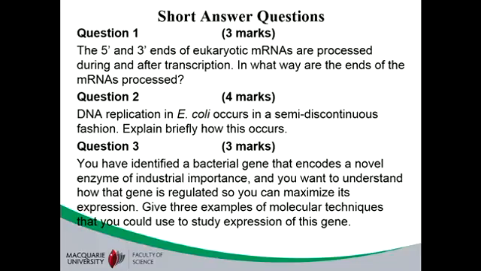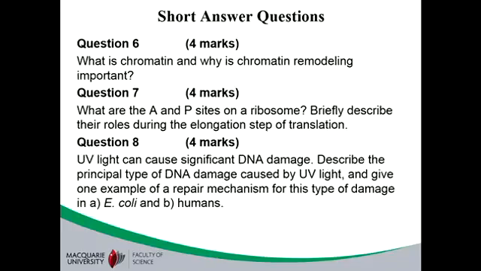So you could propose doing QRT-PCR, northern blots, techniques to study the primary transcripts, so S1 mapping and things like that. You could conceivably propose to use arrays or RNA-seq. You could make fusions with a marker gene to the promoter, things like that.